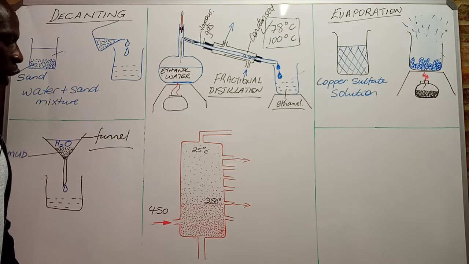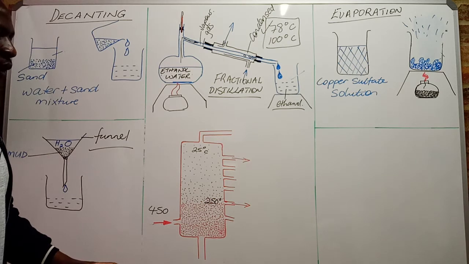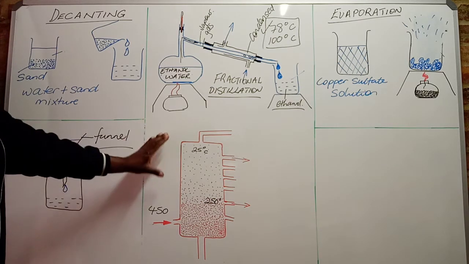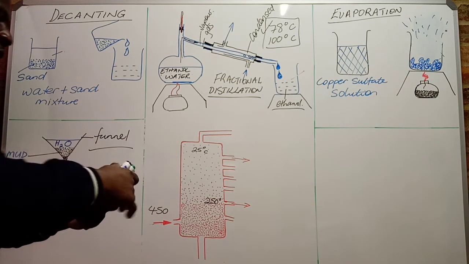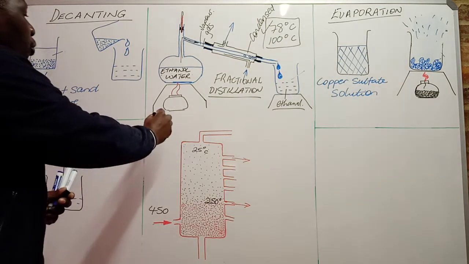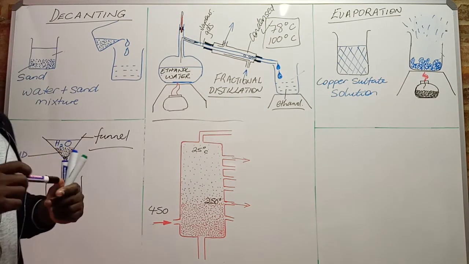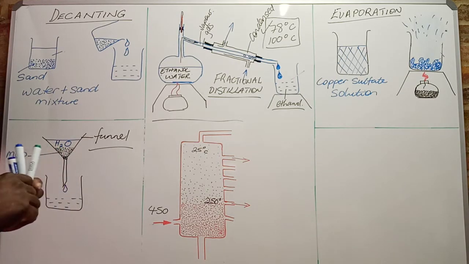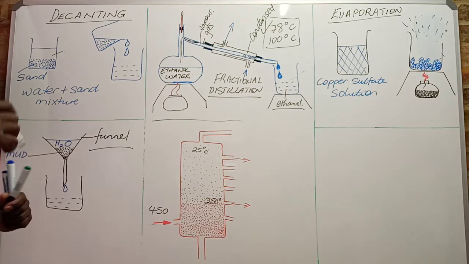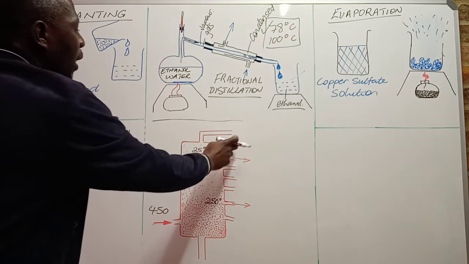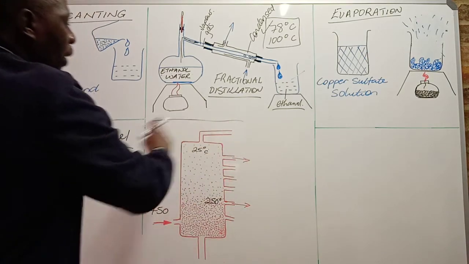Now, at this point, this is the diagram that we are talking about. The separation of petrol and diesel from crude oil is done in a fractionating column. So this is our fractionating column.